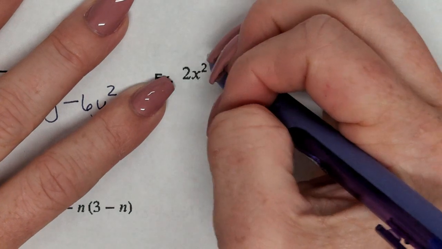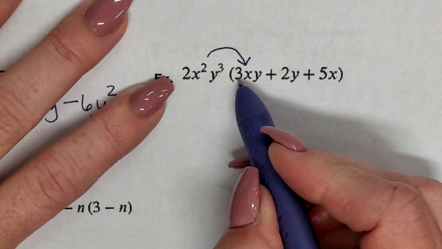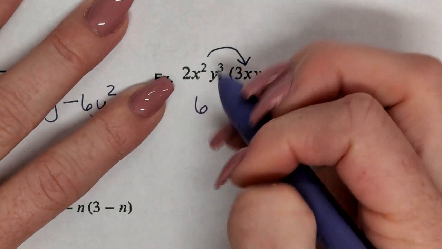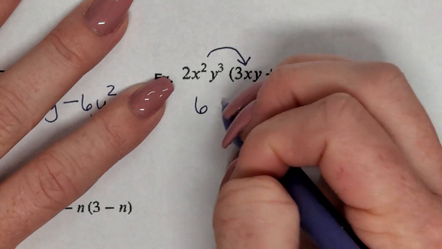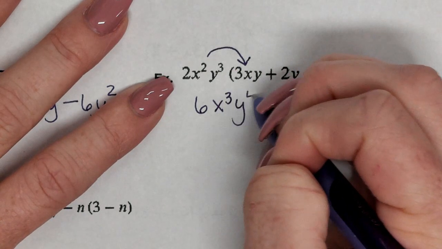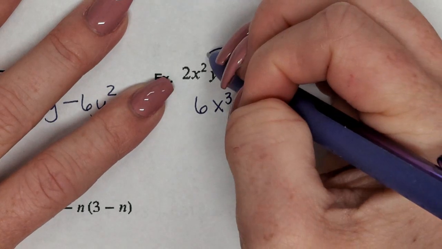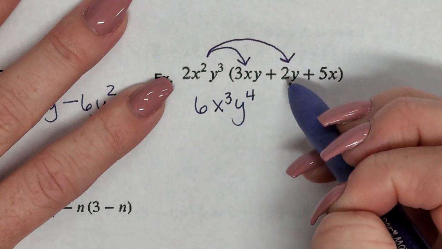We're going to multiply this times the first term. What is 2 times 3? 6. What is x squared times x? X cubed. And what is y cubed times y? Y to the 4th. All right, now let's do it times the next term. What is 2 times 2?